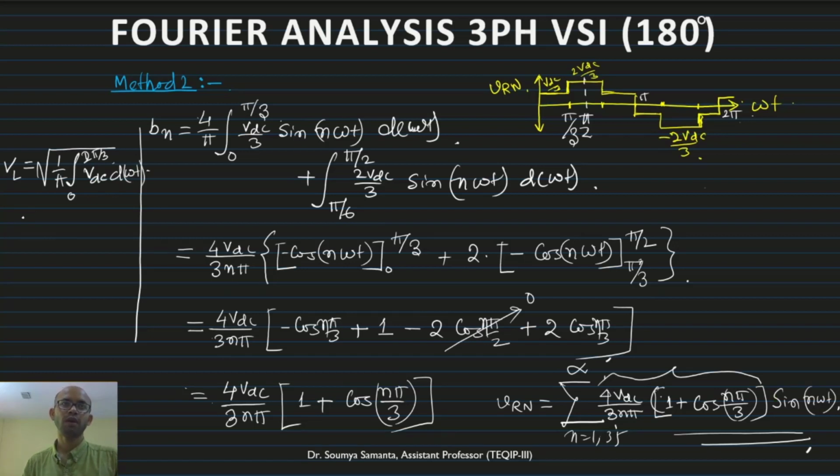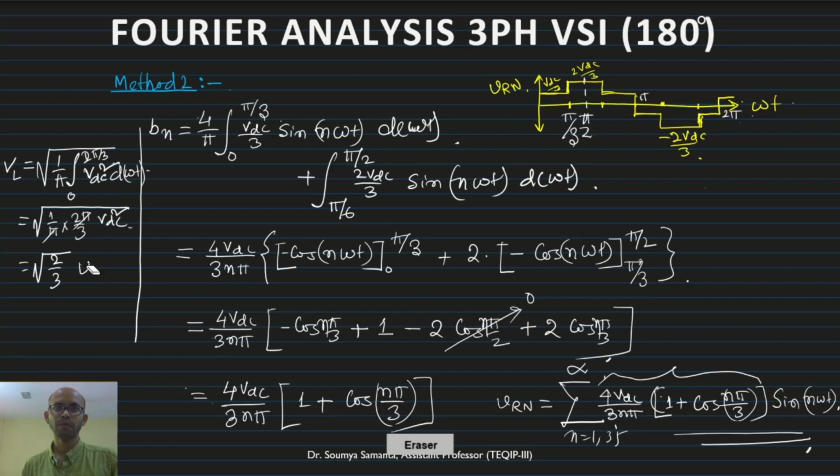So this can be written as root over 1 by pi into 2 pi by 3 into VDC square. So pi will cancel out, so this will be root over 2 by 3. Sorry, VDC square, root means square. So root over this will be VDC times root 2 by 3. So this will be the overall RMS value, if you want to find out.